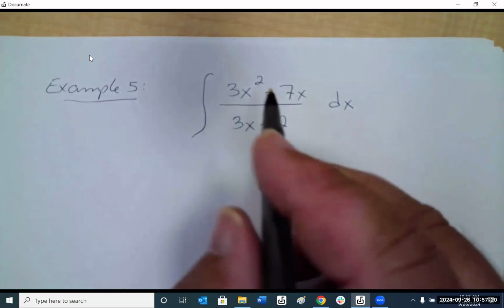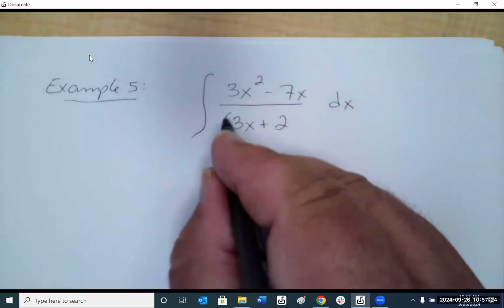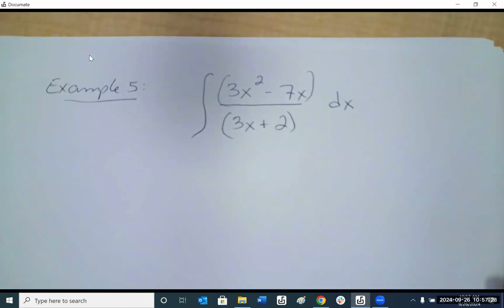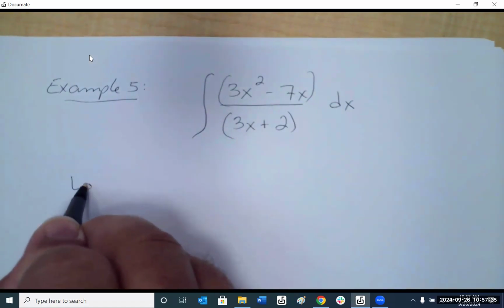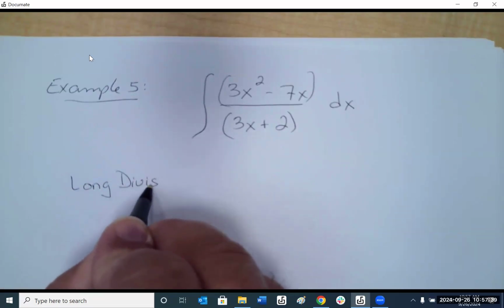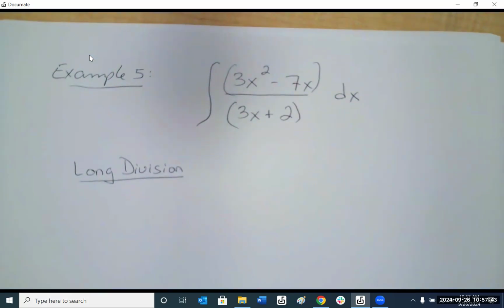So let's do division. This is an equation. What kind of division can we do here? How many of y'all remember long division?